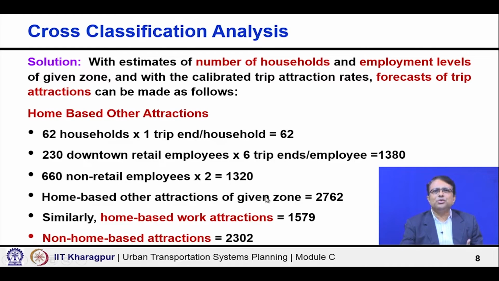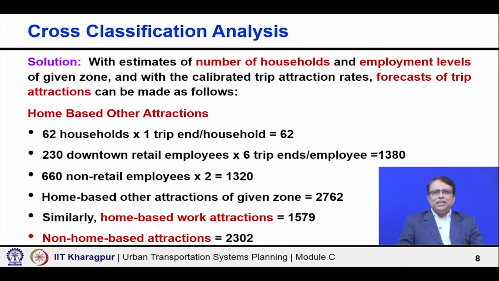So, you can actually tell then in the future if these are my number of households, these are the likely number of downtown retail employees and this will be the number of non-retail employees, then there will be so many home based work, home based other and non home based trips that are likely to get attracted to this zone. Following the similar procedure, I have shown it for one zone.